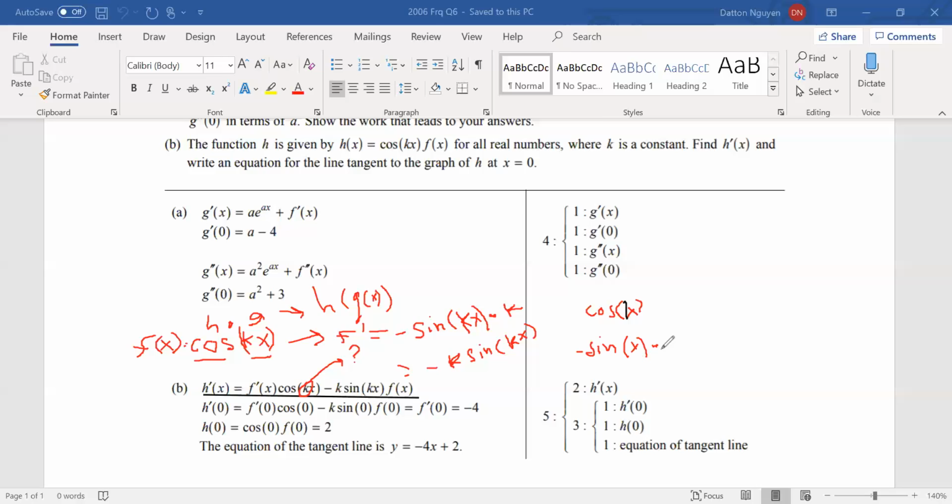When I take the derivative of the x inside, just 1. So 1 times this whole guy right here is just negative sine of x. So that's why they come up with this right here. So that's how they got this right here.